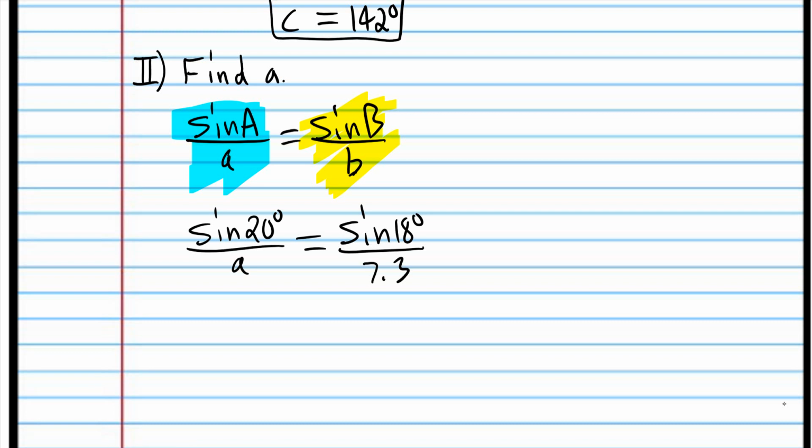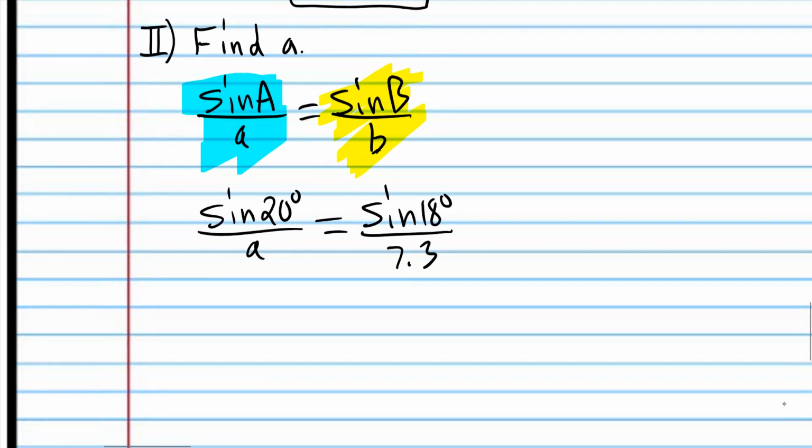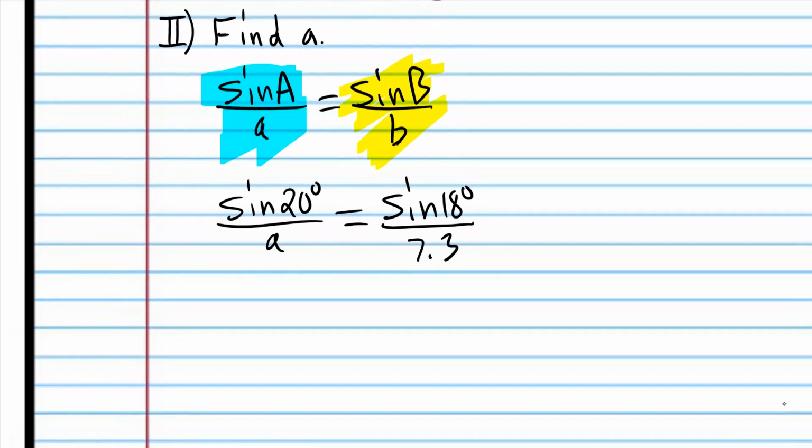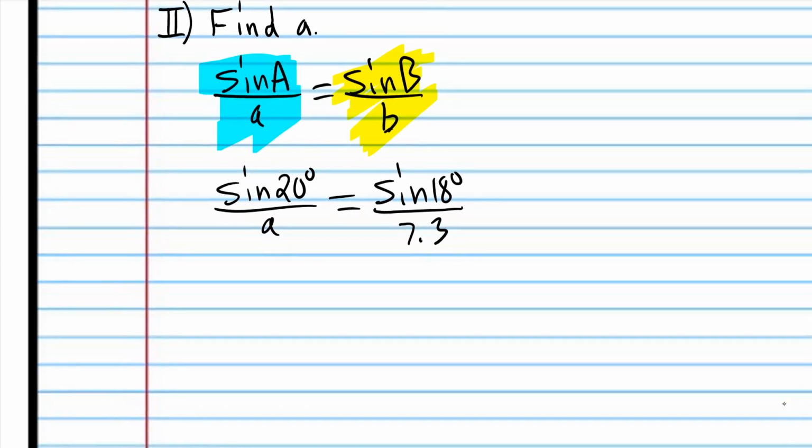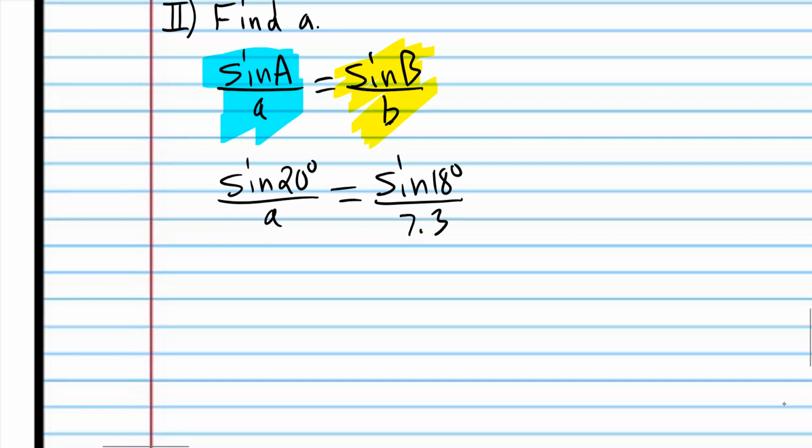But I'm going to show you all of the methods. I hesitate to do that because I don't want to confuse you again, but I just want you to see that there's more than one way to do this. So just choose whatever way you want to use and stick with that method. But I'm going to show you the benefits and the positives and the negatives of each method.